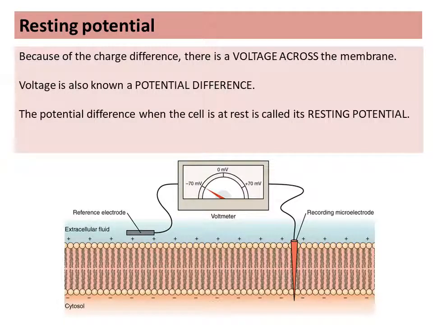And when the cell is resting, the voltage or potential difference that's created is known as its resting potential. And in a resting axon, that would normally be about minus 70 millivolts, which means that it's really measuring the charge on the inside. So minus 70 millivolts tells me that it's negatively charged on the inside, and the potential difference is about 70.